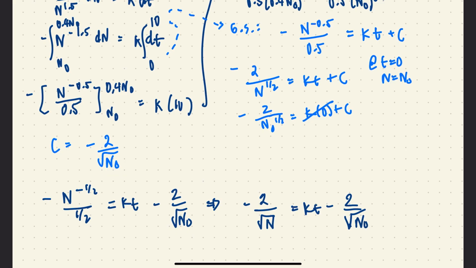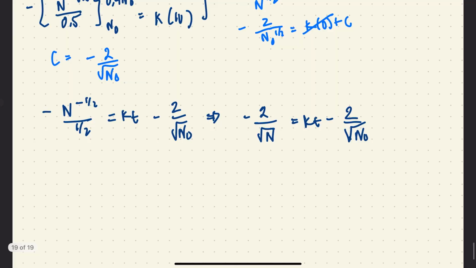So we can solve for k actually. We can transpose. So this becomes 2 over square root of n0 minus 2 over square root of n is equal to kt. You can divide both sides by t.